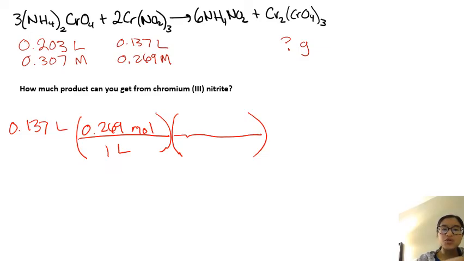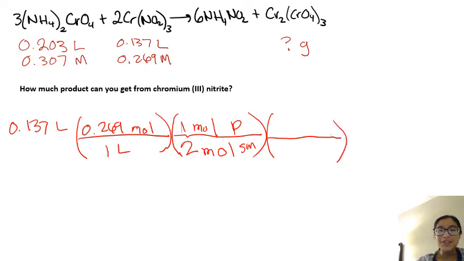So basically 2 moles of the chromium 3 nitrate go into 1 mole of our product. I'm just getting tired of writing out the whole polyatomic ion on this computer, but that's fine, as long as we got the right mole ratio.